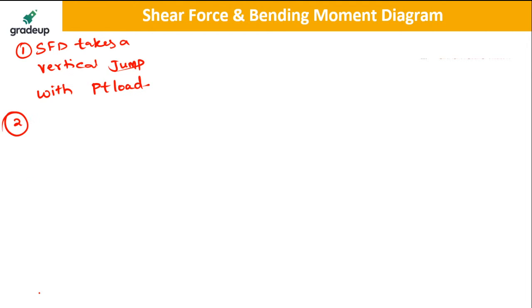Second one, bending moment diagram takes a vertical jump with external moment. So there are two values at that point.